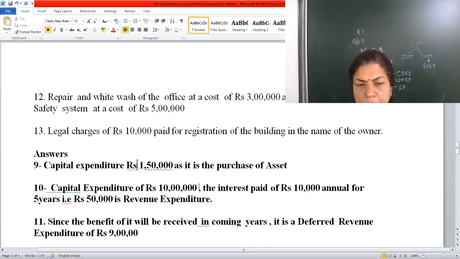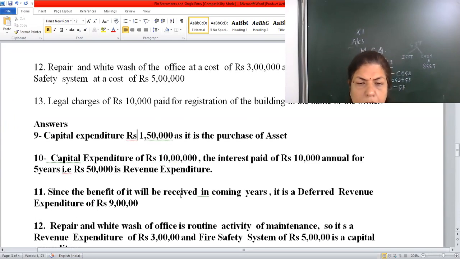Then capital expenditure of rupees 10 lakh, but the interest paid will be treated as revenue, because interest we will pay annually, repeatedly.